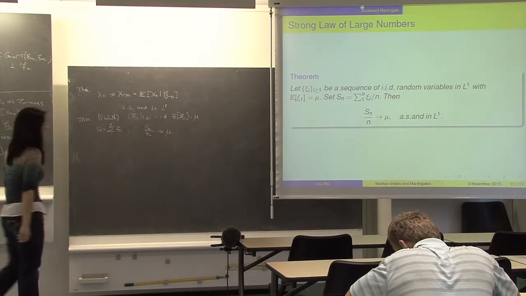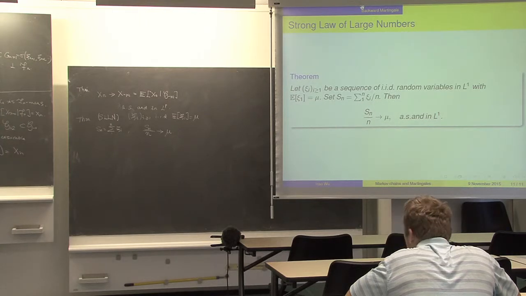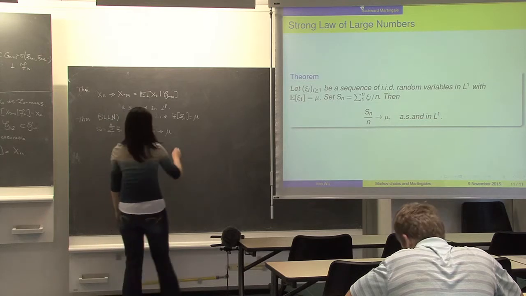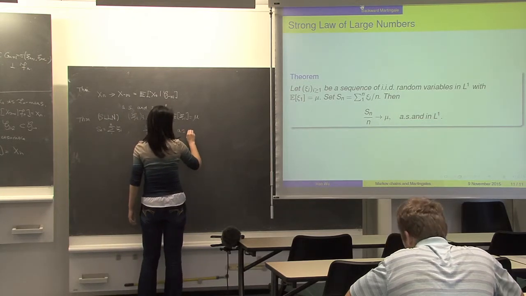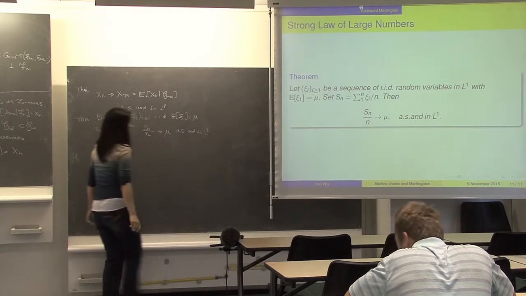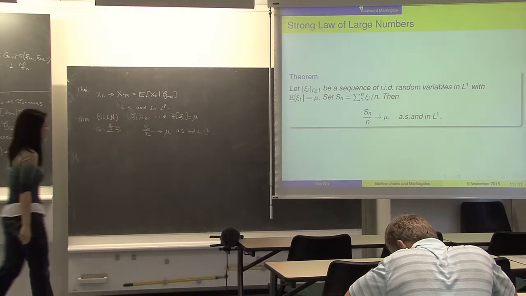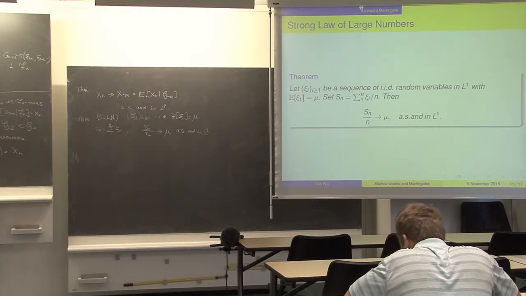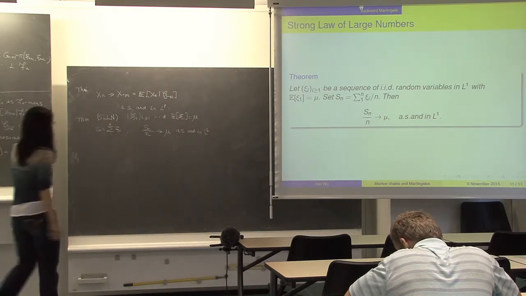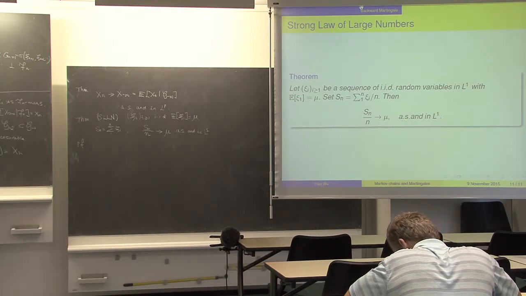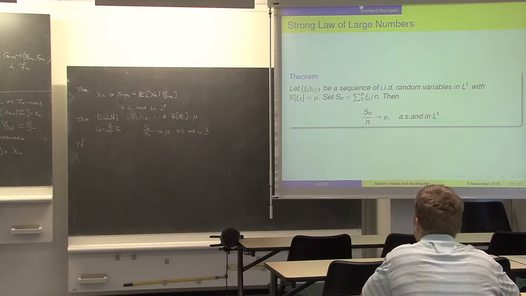And by the language of backward martingales, we can prove there is also convergence in L1 for free. Usually for the strong law of large numbers, we only prove the almost sure convergence, and now we have convergence in L1 for free. A new proof for the strong law of large numbers.